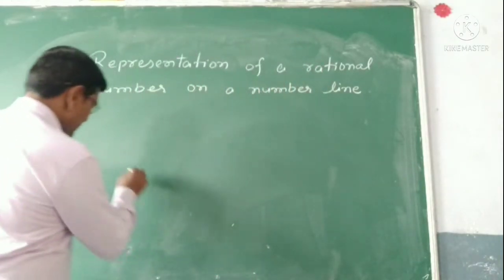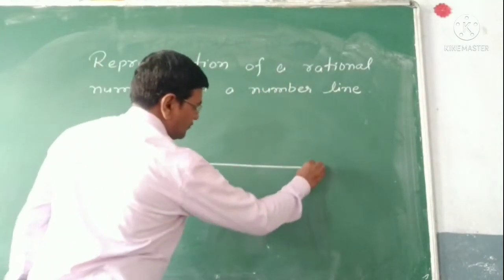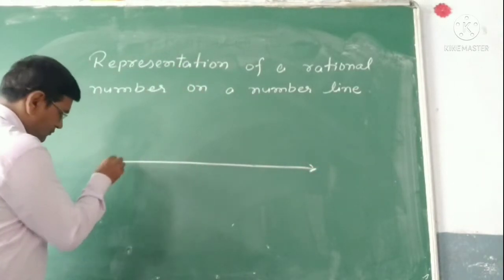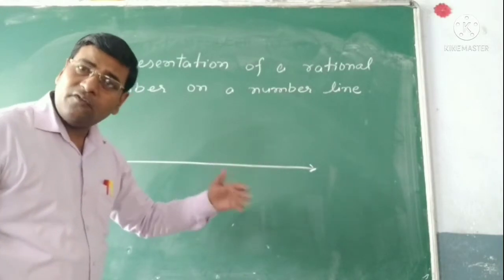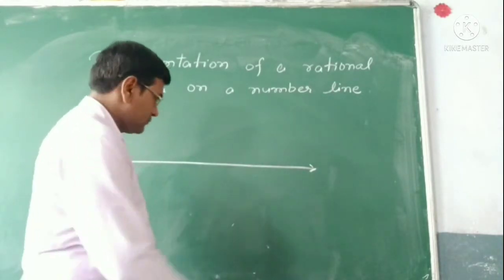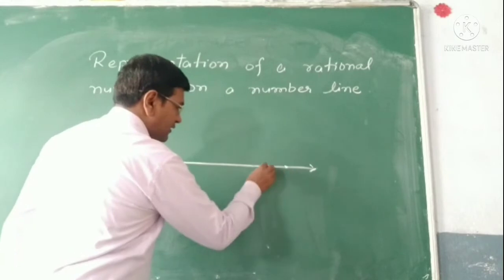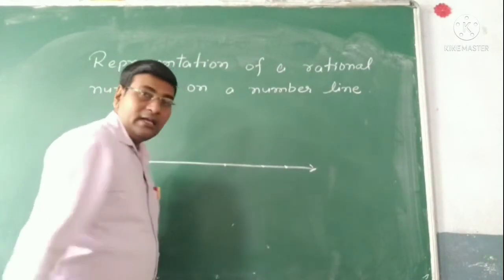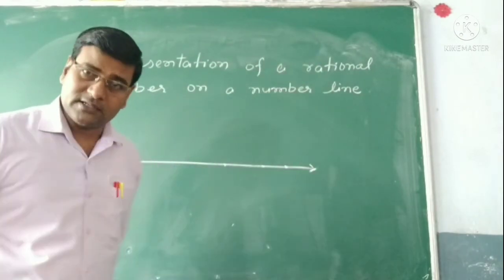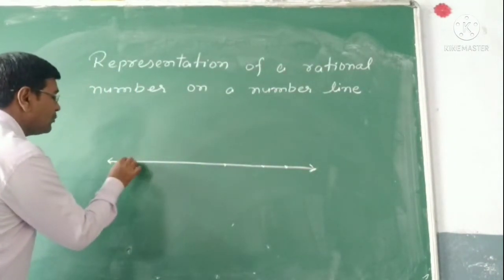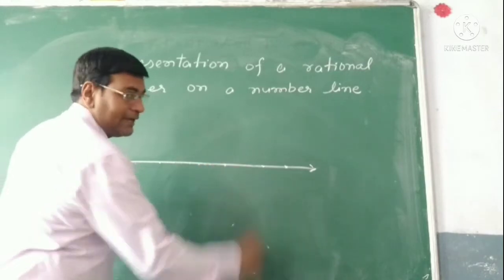I am taking here a line. Now you know that there are many points, infinite number of points here. There is a point, there is a point, there is a point, and between these two points also there are infinite number of points. There are many points on this line.